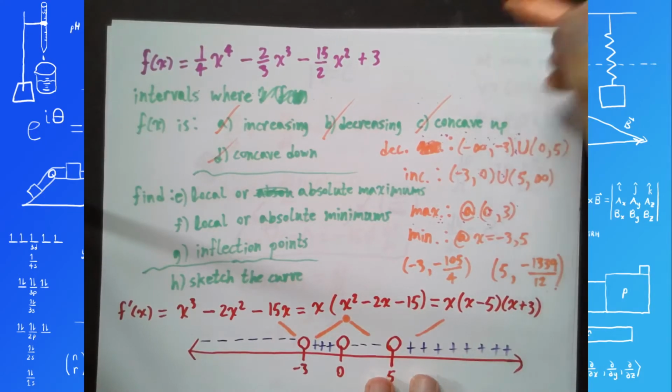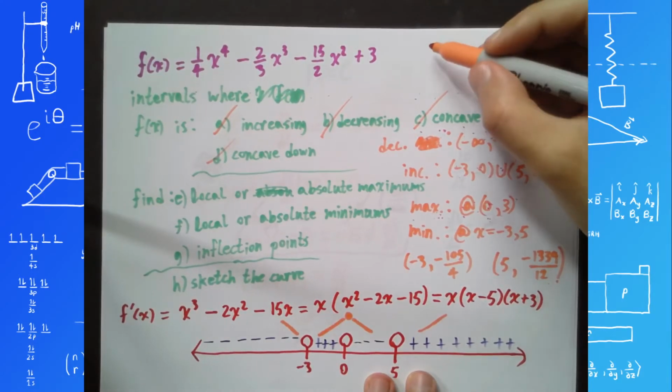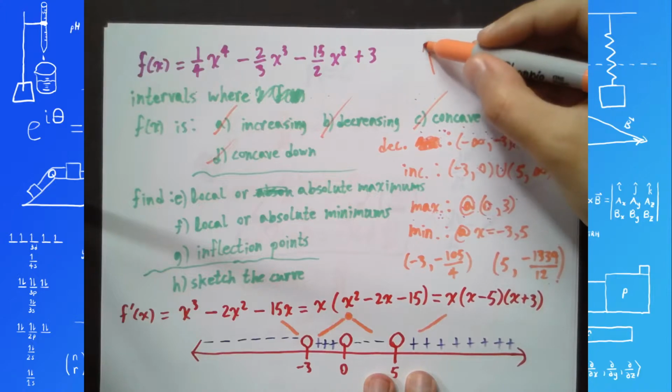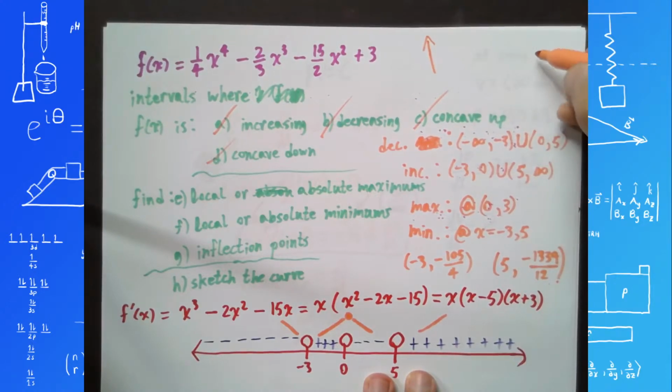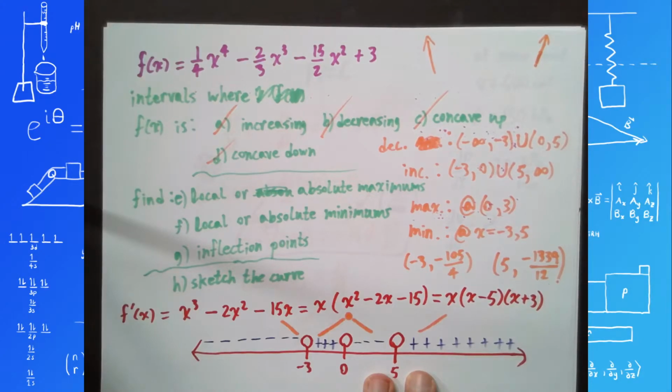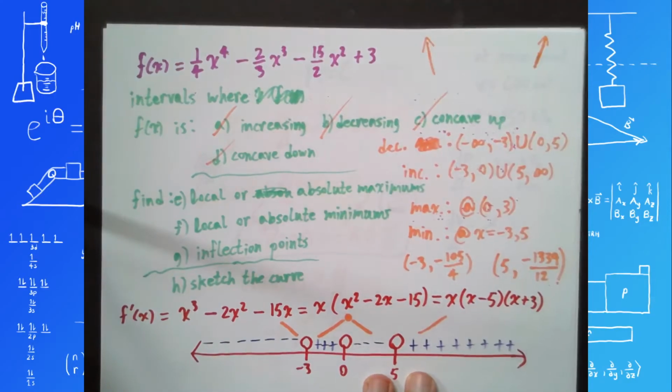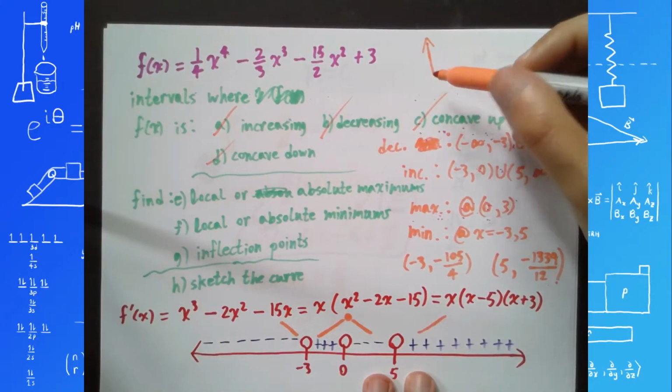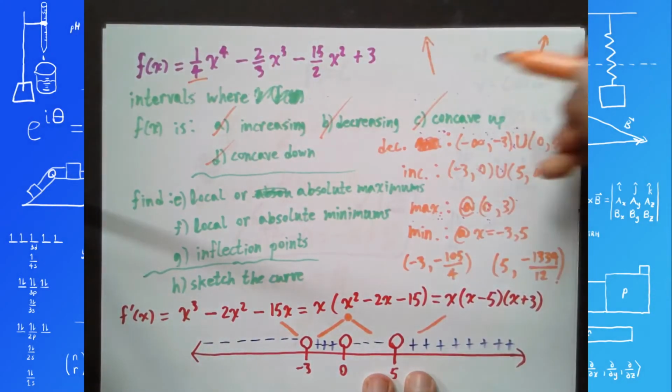For even degree polynomials with a positive leading coefficient, the end behavior is that the left end and right end go in the same direction because it's an even degree, and they go up because the leading coefficient is positive.